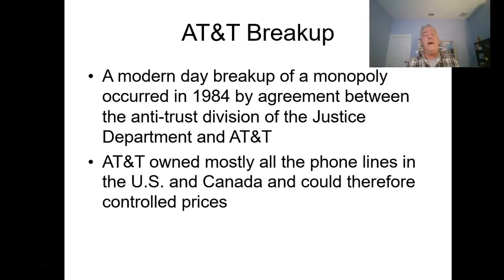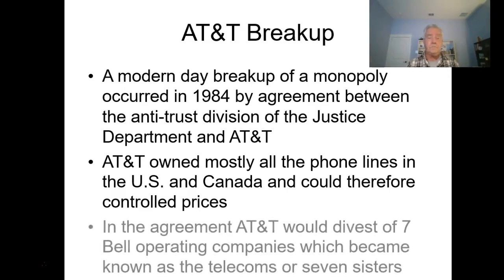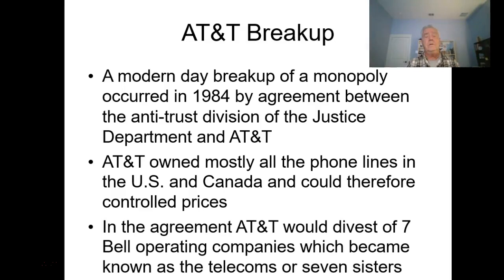So back in time, AT&T in 1984 owned most or all of the phone lines in the US and Canada, and therefore they set the prices. If you wanted to transmit something over one of their lines, you had to pay a fee to AT&T. In the agreement, AT&T would divest itself of seven Bell operating companies, which became known as the telecoms or the Seven Sisters. They broke it up geographically.